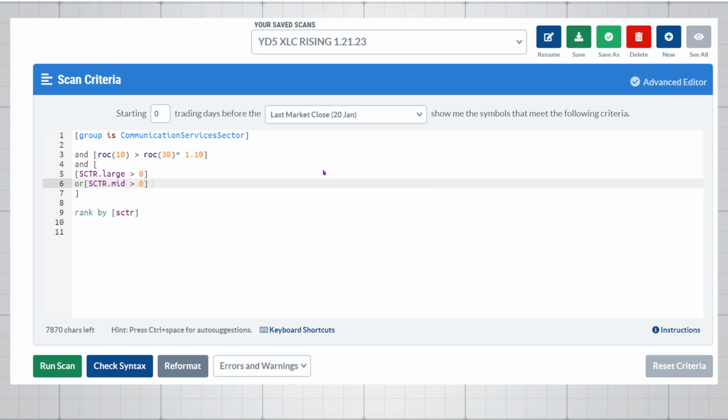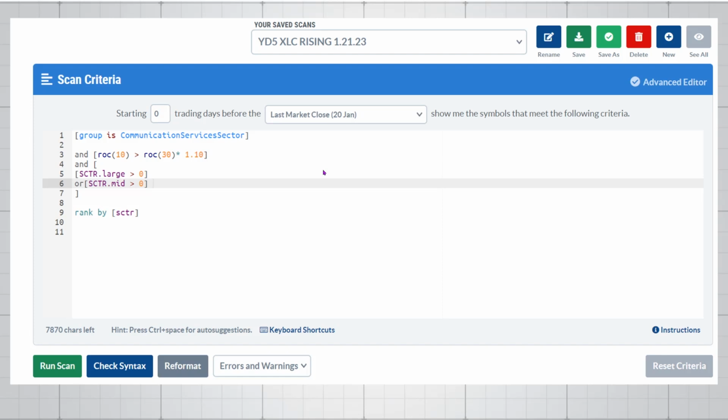Well, it's the ideal tool, and of course, what we're seeing here is acceleration, and then we're putting a threshold where we want to see both acceleration and performance that is exceeding just the basic acceleration of the 10 period over the 30 period with that 1.10. So this really is going to show us the best of the best in this emerging rotational group, which is communications.